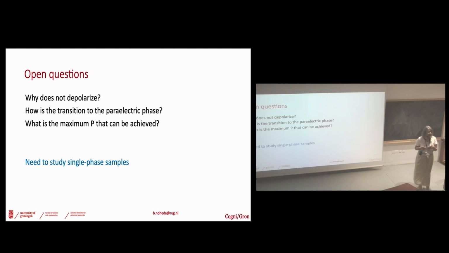So for this, we thought, okay, we need to study single phase samples, because all the samples that people typically report are grown by ALD, the same procedure they were using to integrate in transistors. They create a polycrystalline film and then anneal it to crystallize it to get this orthorhombic phase.